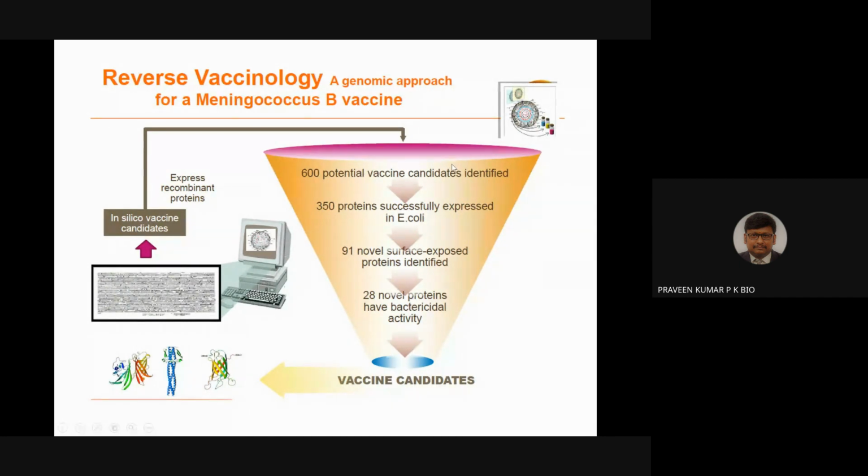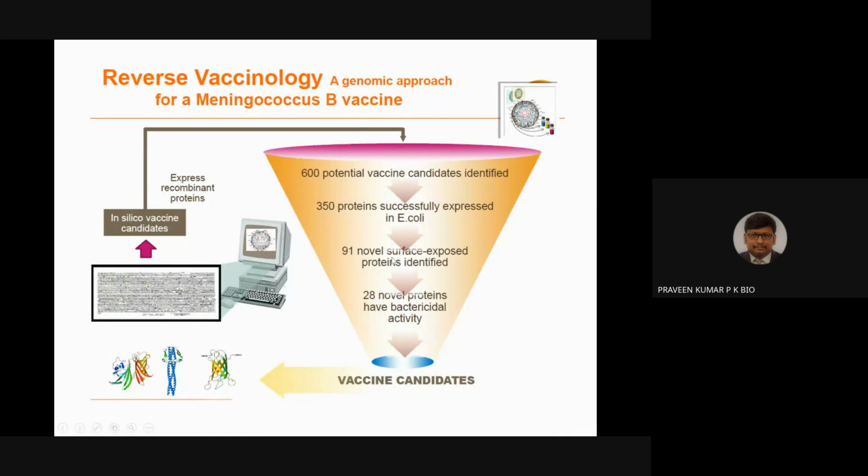One has to check whether this vaccine can be produced in real time or not. So in the second screening, they checked whether these proteins are successfully expressed in E. coli or not. Only 350 proteins are expressed out of 600.